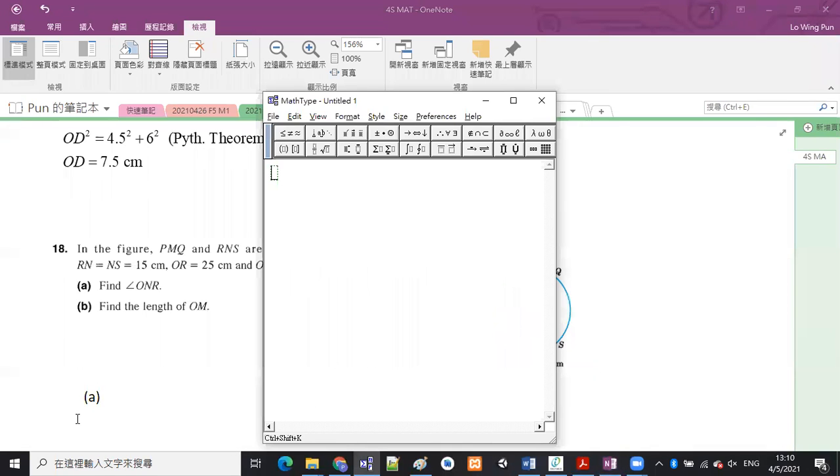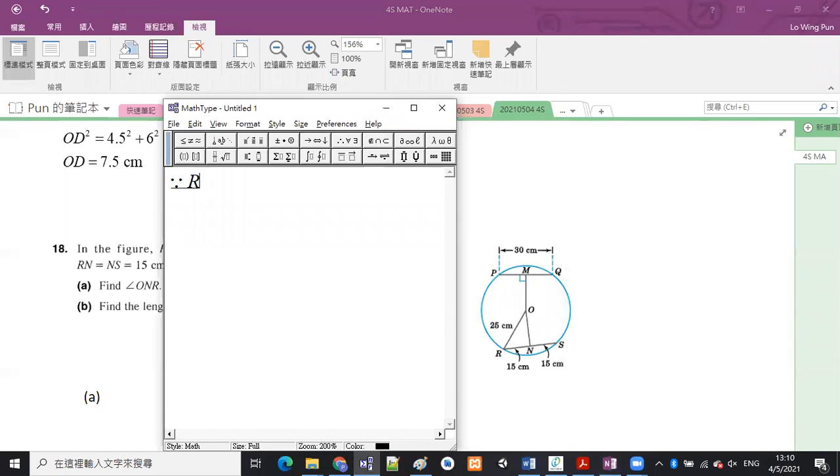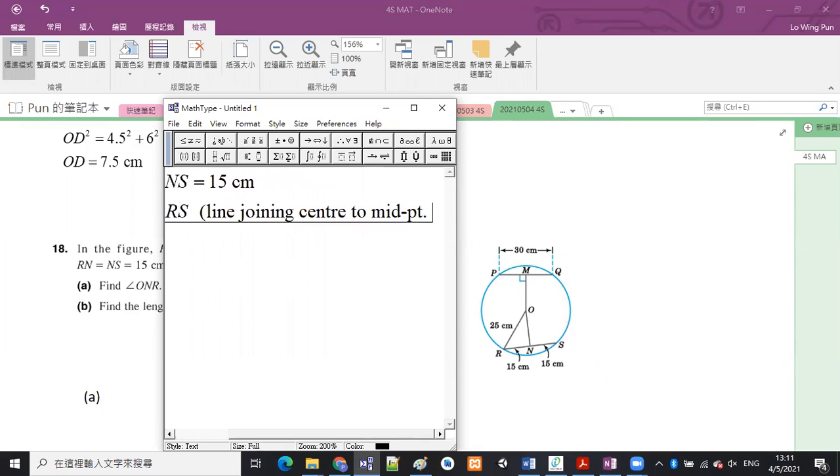Because RN is equal to NS and they are both equal to 15 cm, therefore we can conclude that ON is perpendicular to RS. This is line joining center to midpoint of chord is perpendicular to chord.